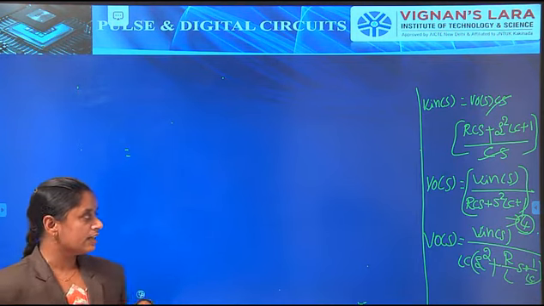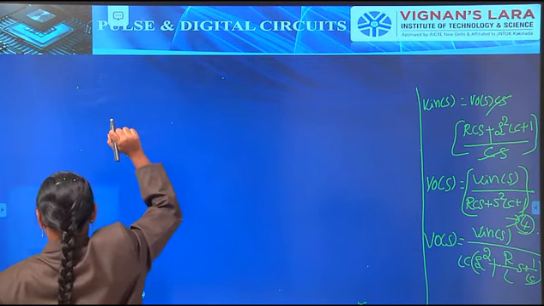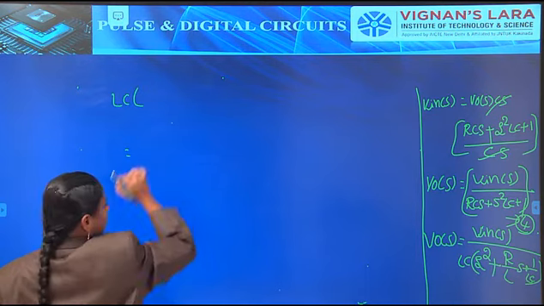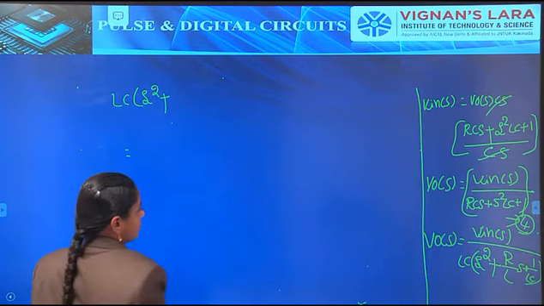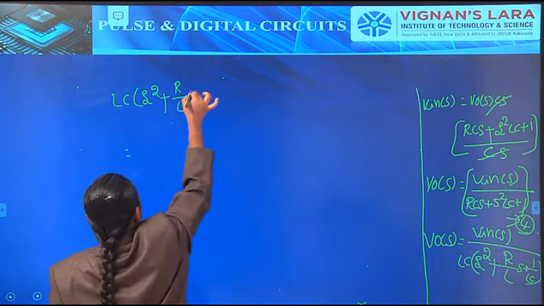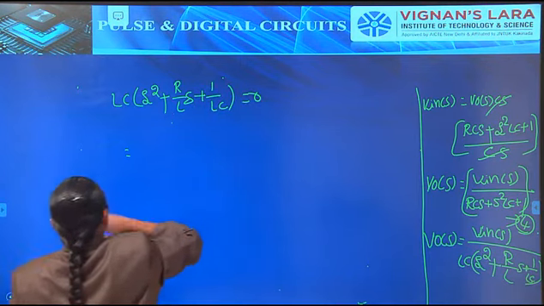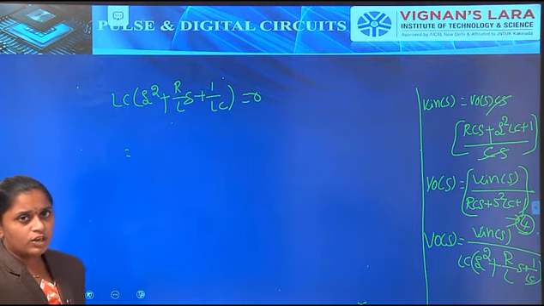Here we get LC into S square plus R by L into S plus 1 by LC, which is equal to 0. Here I have to find the value of S. For finding S, we have to follow this method.